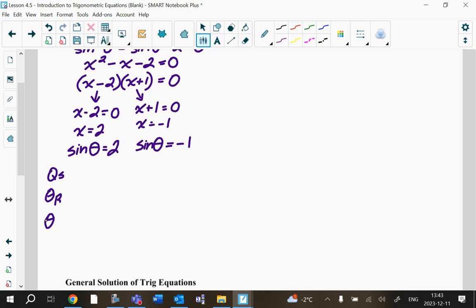So quadrants 1 and 2, take the sine inverse of 2, but then you get error, which means you can't do it. There is no such angle that exists. So on this side, there will be no solution.